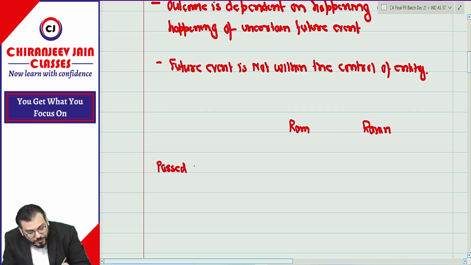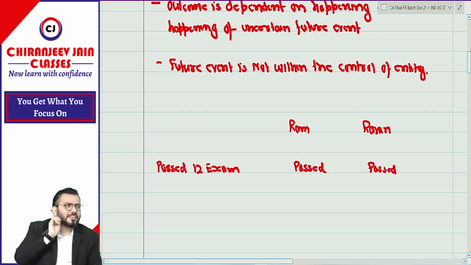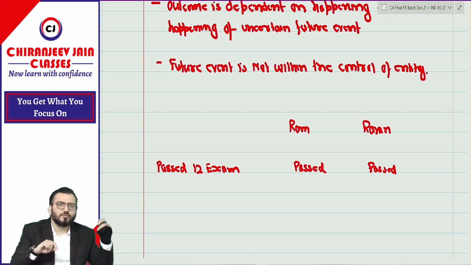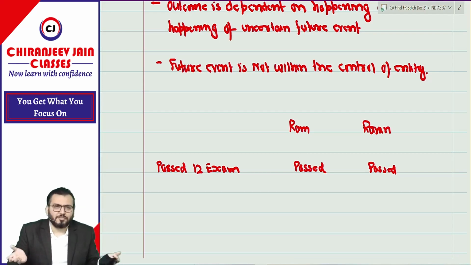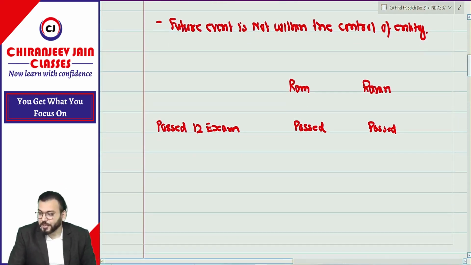Both have passed the 12th board exam, commerce, because we are commerce students. Anyone who has done class 12 from science background? Even though you are from science background, you become commerce.